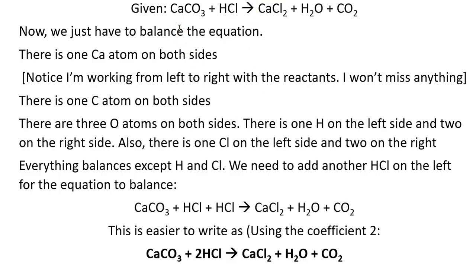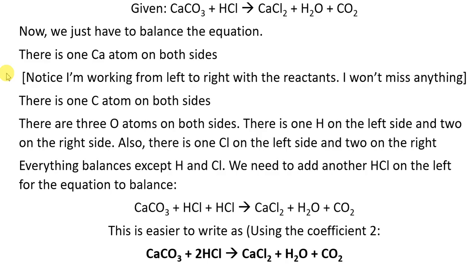Now, I'm starting on the left-hand side. I see Ca. I've got 1 in CaCO3. CaCO3 is telling me I've got 1 Ca, 1 C, and 3 O's. 1 in the beginning, 1 at the end in CaCl2.